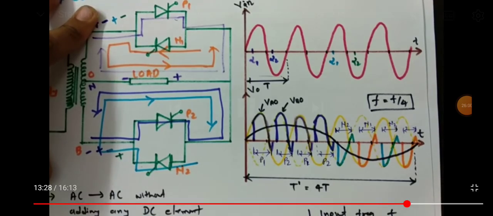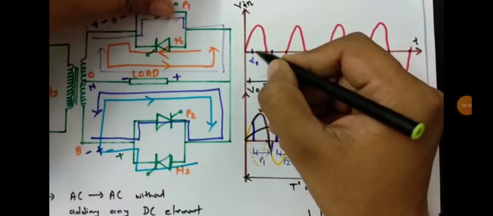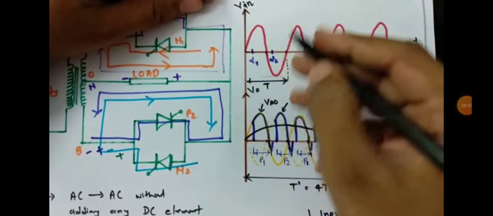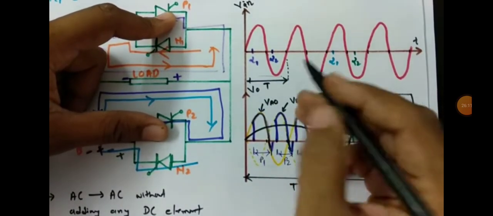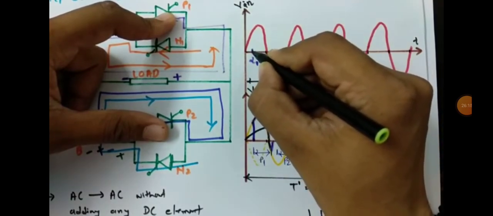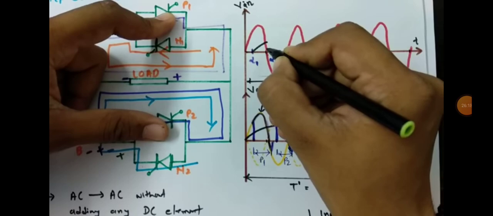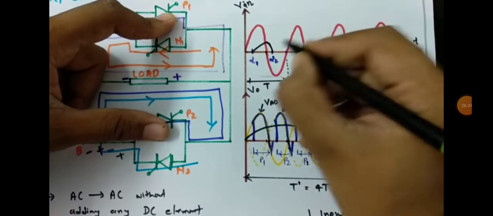Now one thing that we need to see: when we trigger P1 and P2 to get the positive half, we will have a rise of current. If I draw the output current, it will rise while the output is positive, and then once the output is 0, it will decrease like this.